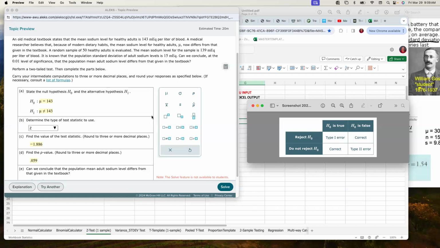We got to look at it in the context of the problem: well, hey, the true mean is 143. We're saying it's now different. What are some of the consequences? Well, maybe we put the person on one of these modern diets. Well, is it going to be harmful to them? Probably not. Okay, most likely not.